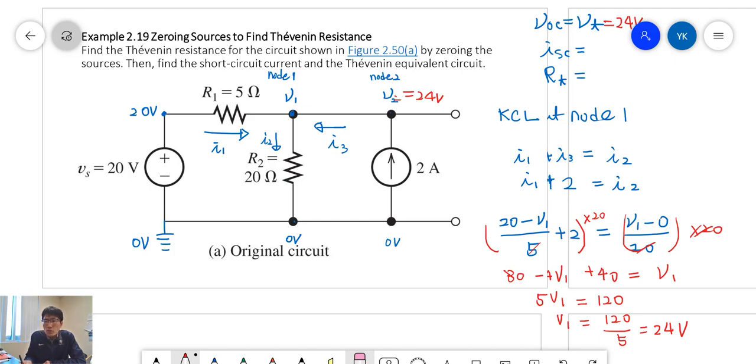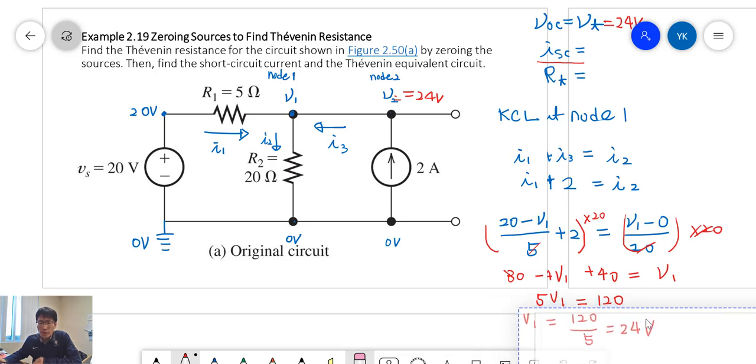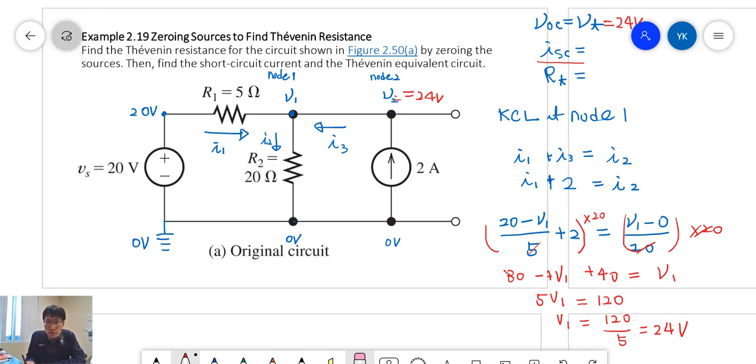Next, we want to calculate the short circuit current. In order to do that, we make a short circuit, and the short circuit current goes in the downward direction, which means this direction is ISC.